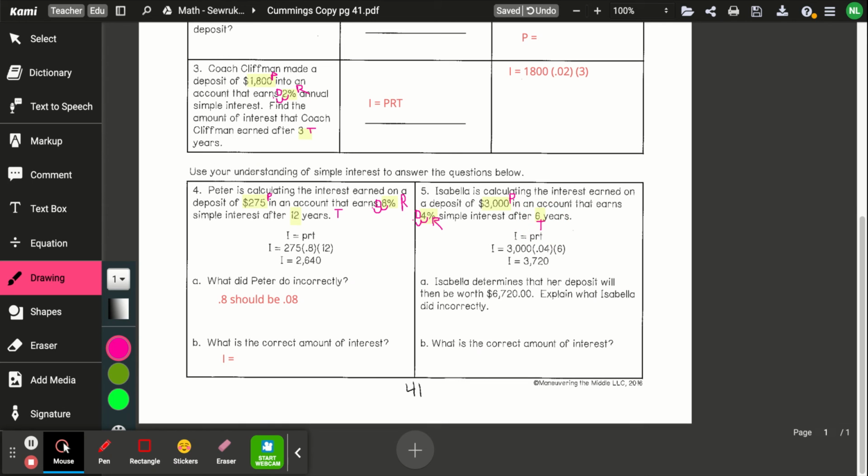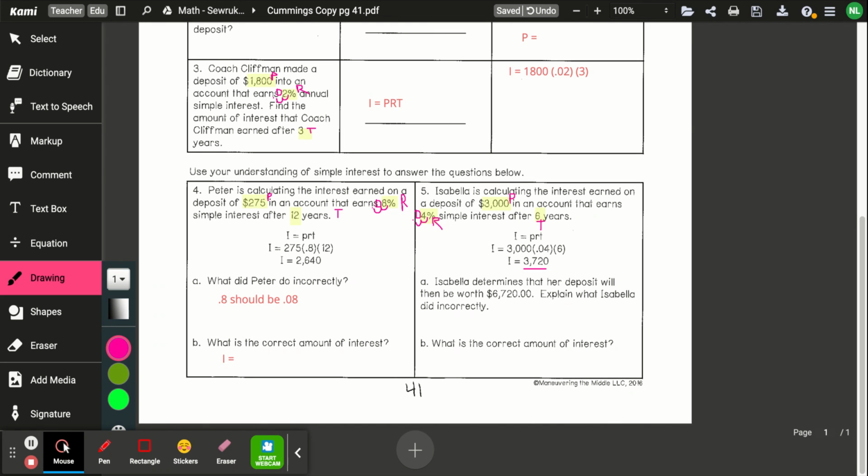Here, it looks like they did the 3,000 times 0.04 times 6. And they figured out that this is the interest. Isabella determines that her deposit will then be worth $6,720. Well, let's see if she did that correctly.